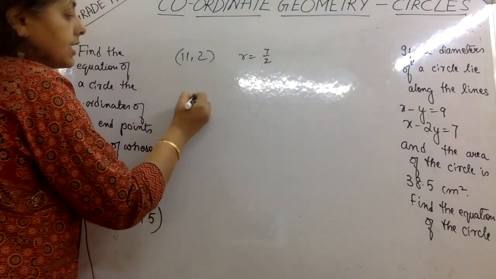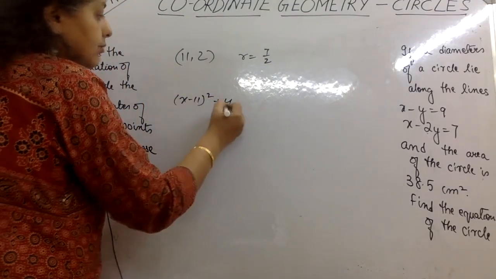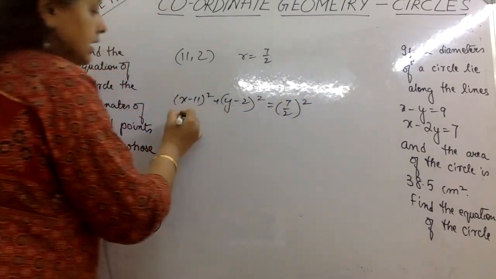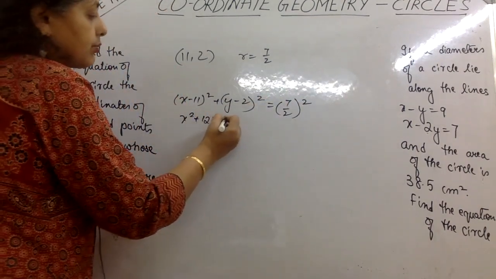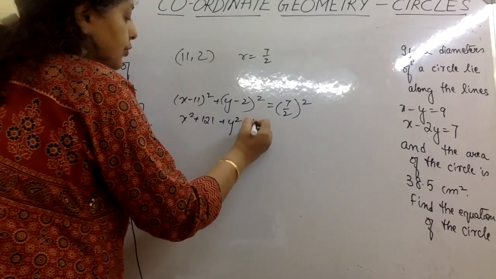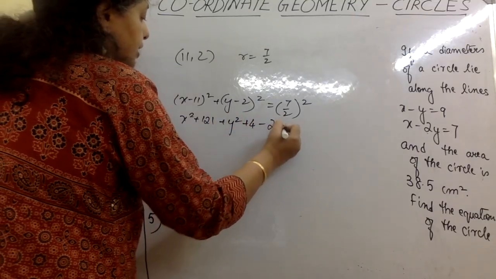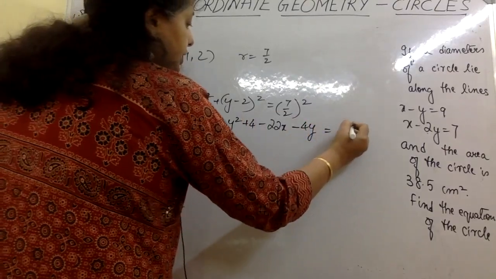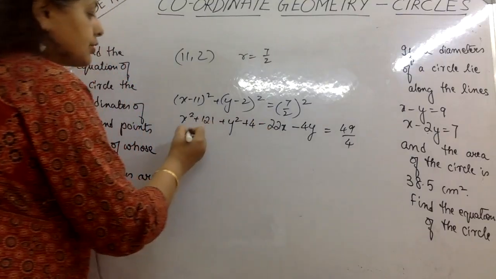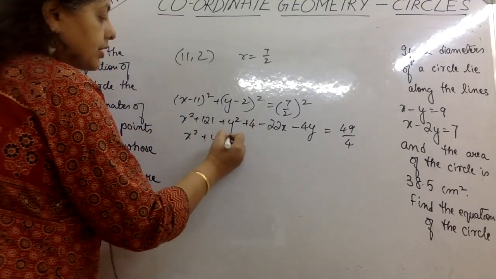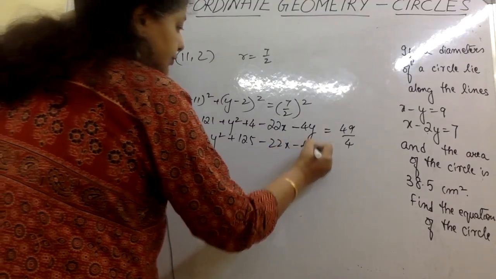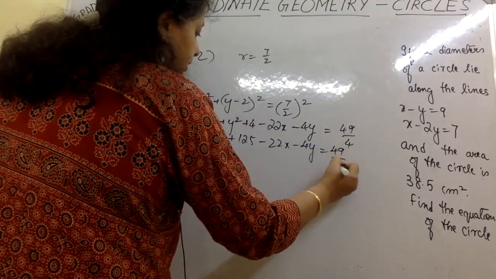So (x minus 11) square plus (y minus 2) square is equal to (7 by 2) square. x square plus 121 plus y square plus 4 minus 22x minus 4y is equal to 49 by 4. So x square plus y square plus 125 minus 22x minus 4y is 49 by 4.